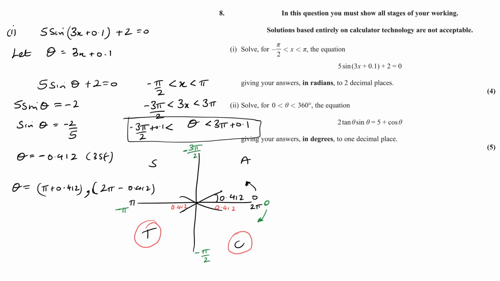Now, I don't need to worry about this, so we've got a little bit, minus 3 pi by 2 plus 0.1, so it would be slightly in this section, but the 0.1 is not going to be anywhere near this angle. So I don't really need to do anything with that. But if you wanted to make sure, you could do the minus pi minus this angle, and you can see, we haven't got anything in that section, so that is kind of irrelevant in this case.